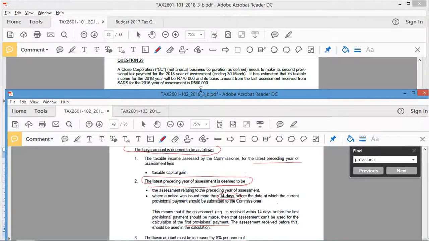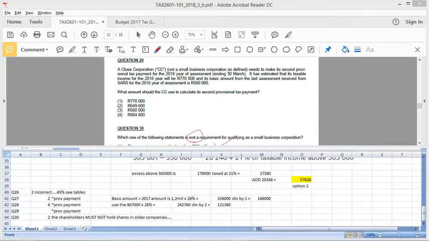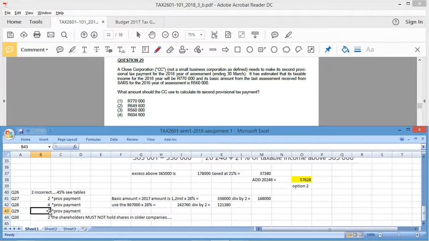So you would have to use the 560 because it's the lower of the two. That's fine. So that would be 560, option 3, the lower of the two, as per the second provisional payment. See study guide.